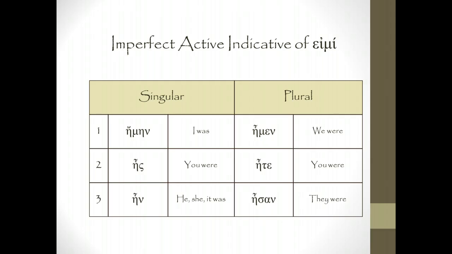Amen, we were. Eta, you were. And then ason, you were. You'll need to take some time and memorize these, and keep in mind that these are not present tense, these are imperfect. So I was, you were, he was, we were, you were, they were. You'll need to keep in mind to get this is was and were rather than is and are.